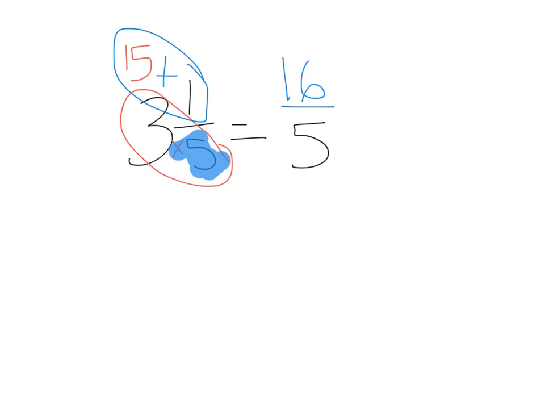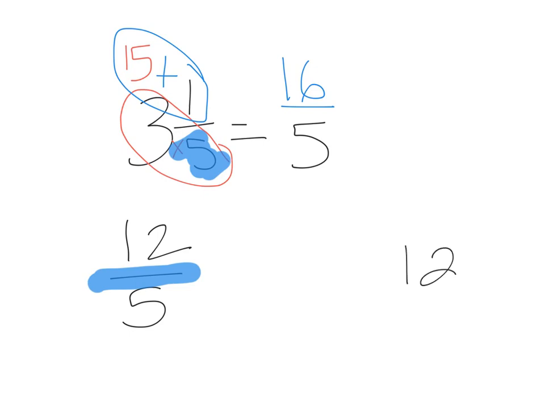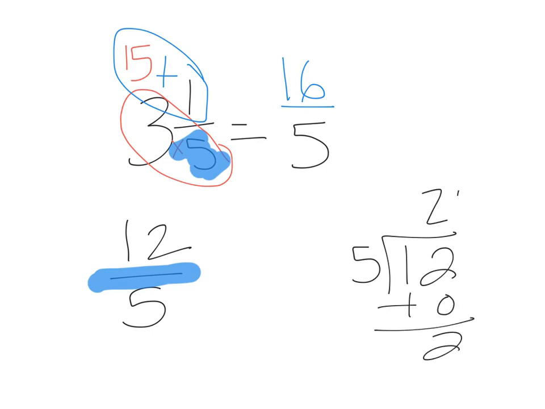The other problem I'm going to try is an improper fraction. So the improper fraction is 12/5. You need to think of this fraction bar as a division sign. So let's do 12 divided by 5. Well, how many times does 5 go into 12 evenly? It's 2, and then I'm going to have a remainder of 2.